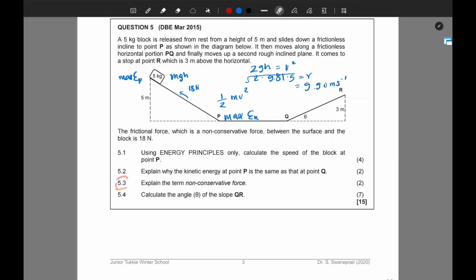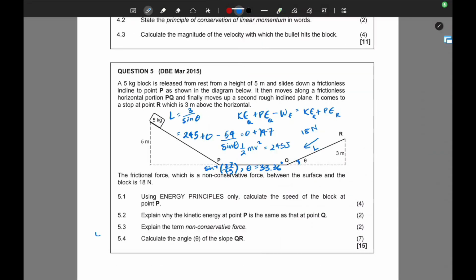But in 5.3, a non-conservative force is friction, for example. If we had accounted for friction, that means that some of the work done by friction doesn't stay in the system, it's dissipated as heat and as sound. So, that's why it's non-conservative, because it's leaving the system.